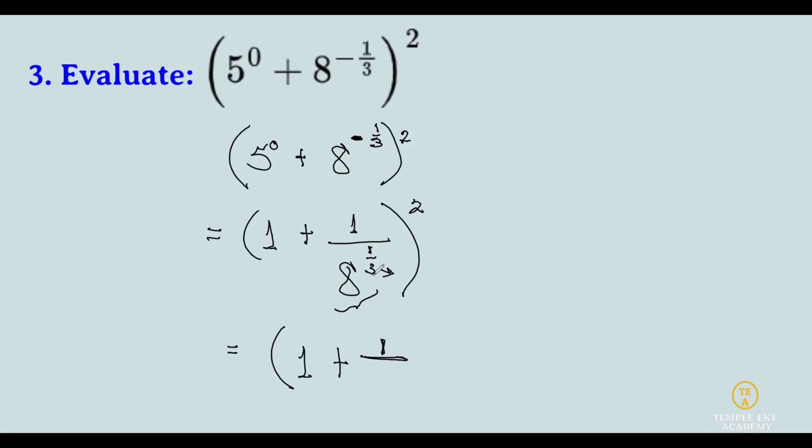That will tell us we have a cube root, the cube root of 8 raised to the power 1 in the numerator, which is simply the same value. Power 1 does not make any significant change. And this is going to give us 1 plus 1 over, what is the cube root of 8? We've been through this. What number will multiply itself 3 times to give 8? And that is 2.